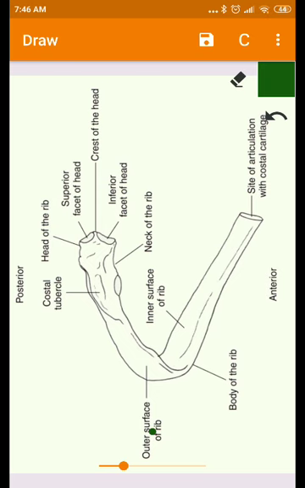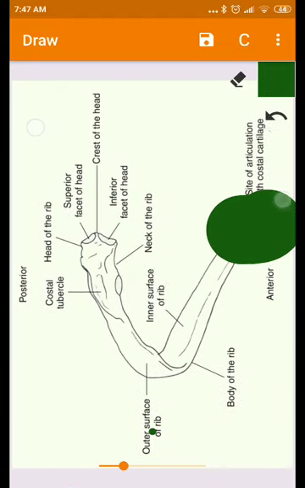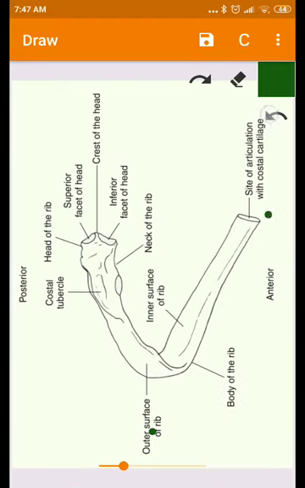Now the anterior end is oval and concave for the articulation with its costal cartilages. The head has two facets separated by a crest.